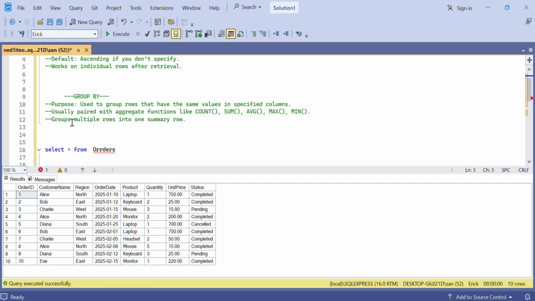Basically, GROUP BY is used to group rows that have the same value in a specific column. We usually use GROUP BY with aggregate functions such as count, sum, average, maximum, minimum, and so forth. GROUP BY groups multiple rows into one summary row.